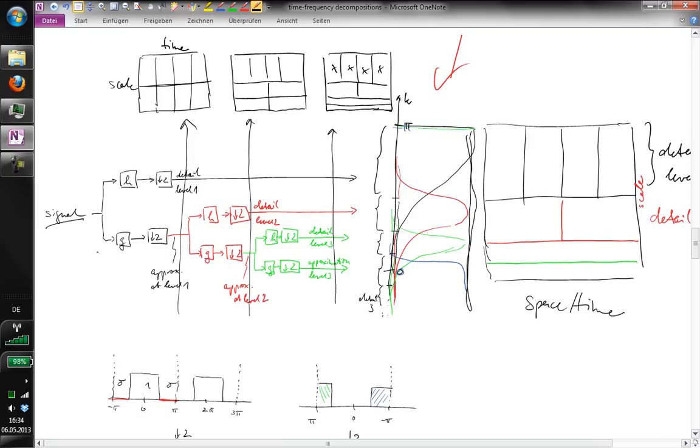The maximum frequency always depends on the length of the signal. The decision I can make is at which point I want to stop this recursive partitioning of the lowest band.